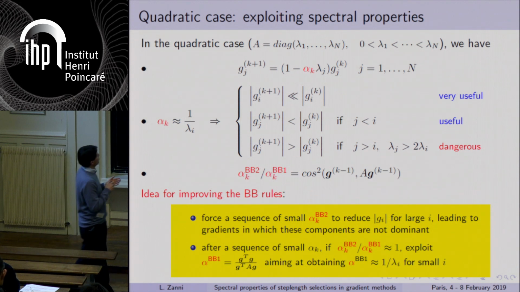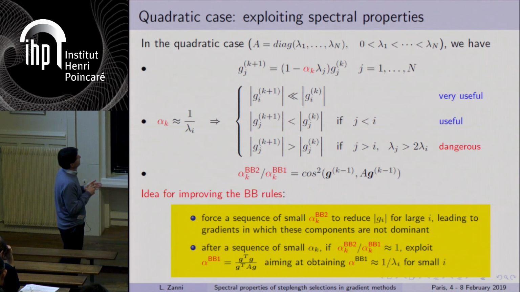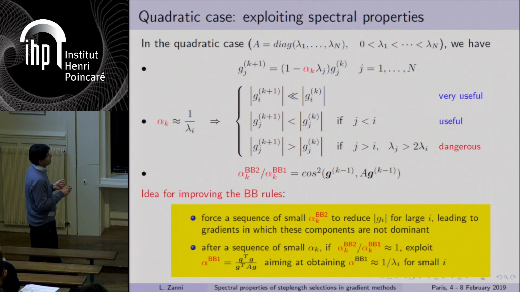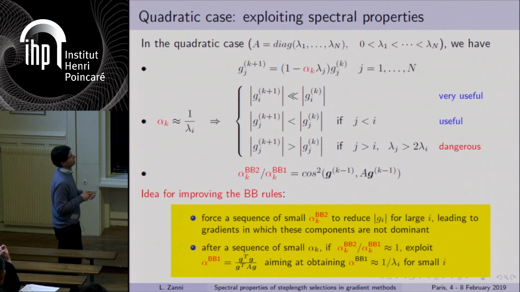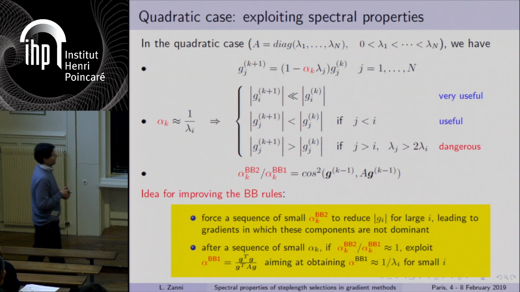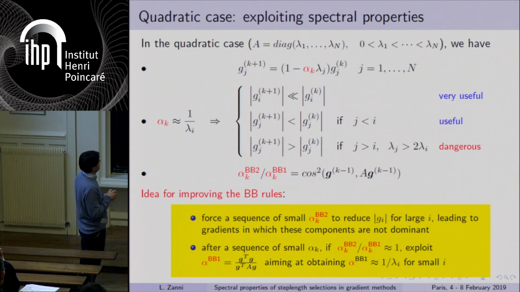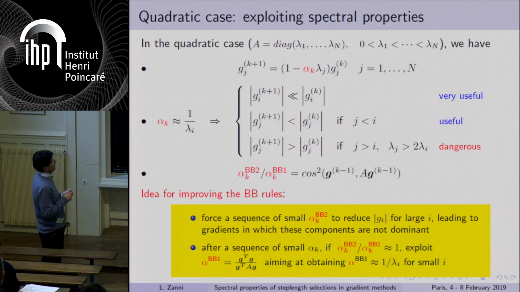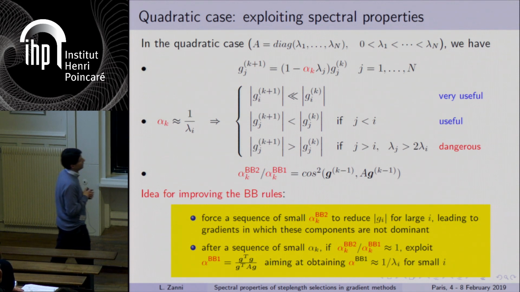Then a large step length is useful to reduce a gradient component, but dangerous for possibly increasing some other gradient components. Then one can try to organize the step length selection in order to perform few large steps, and only when the step length is a good approximation of the inverse of a small eigenvalue.